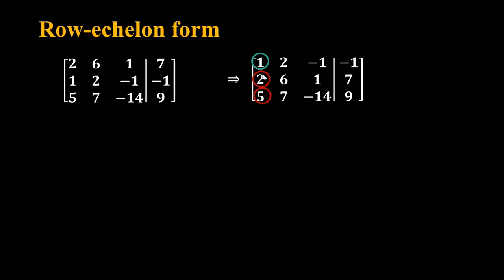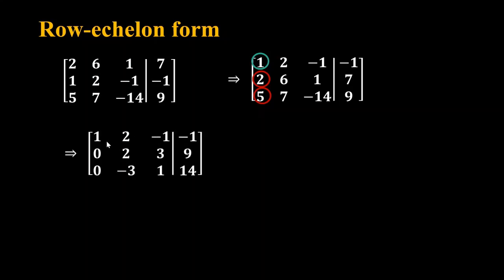So we want to convert this 2 to 0 and this 5 to 0 by using row operations. Then we will get this matrix, with first column 1, 0, 0. We convert this matrix by doing some elementary operations on the second row and third row. For elementary operations please refer to the previous class.